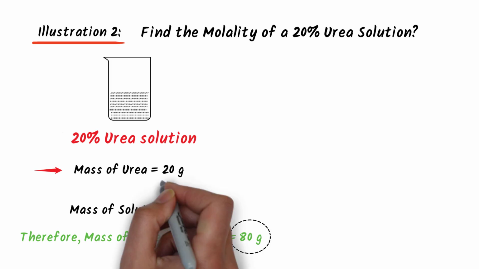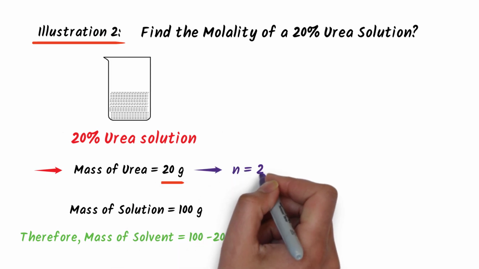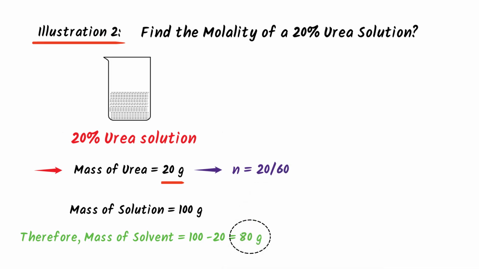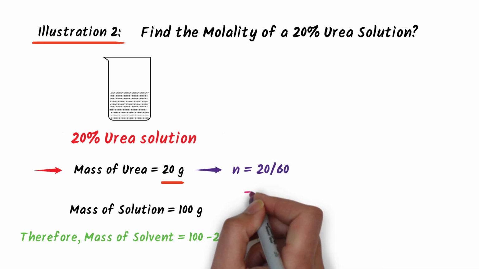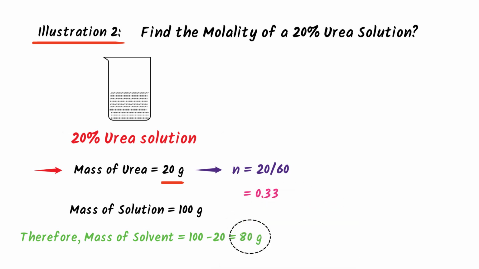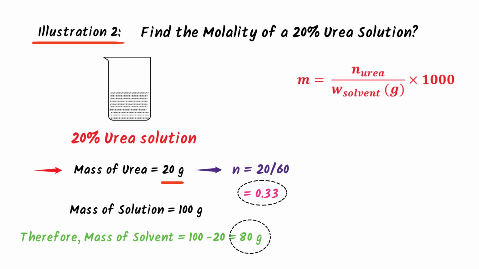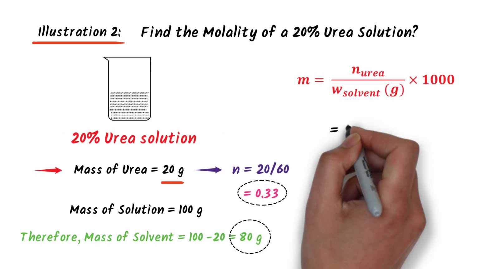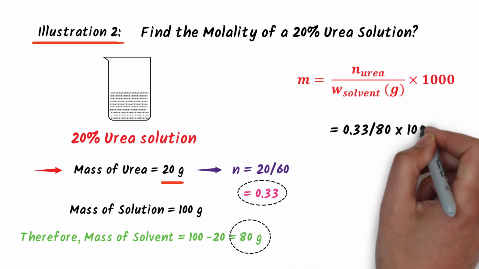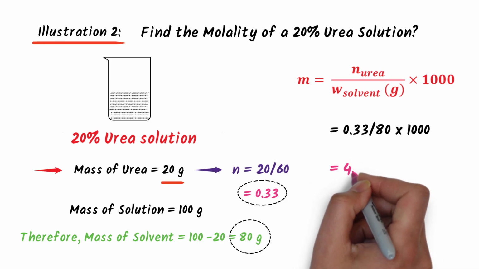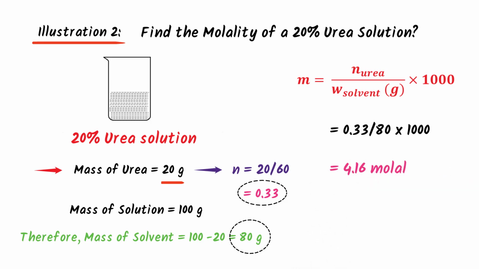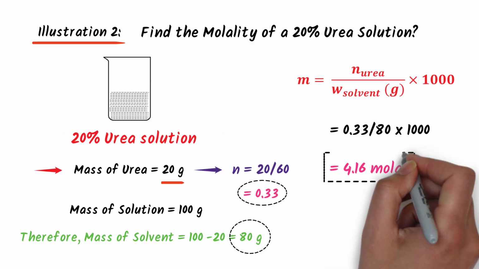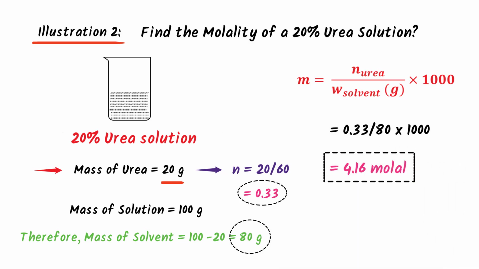From the mass of urea, we can find the moles of urea equal to 20 by 60 because 60 is the molecular mass of urea, and that gives us the number of moles of urea equal to 0.33. While putting the values in the expression of molality, we can get 0.33 by 80 multiply 1000, and that gives us the molality of solution equal to 4.16. So we can say 20% urea solution will have a molality of 4.16 or will be a 4.16 molal solution.